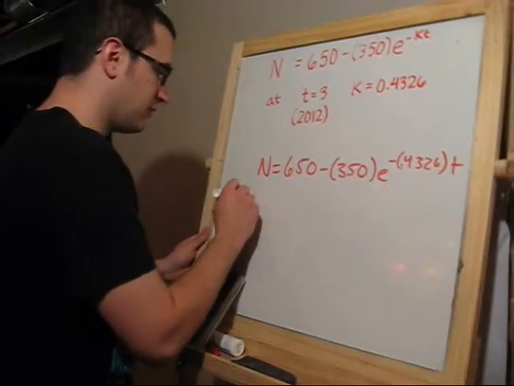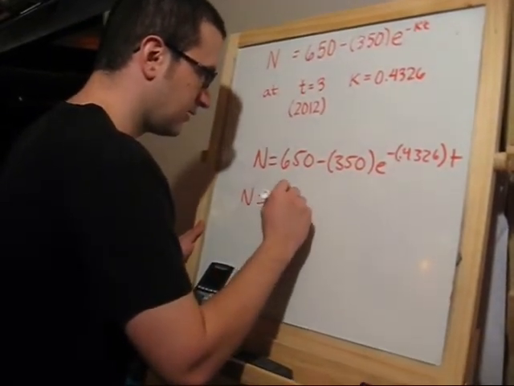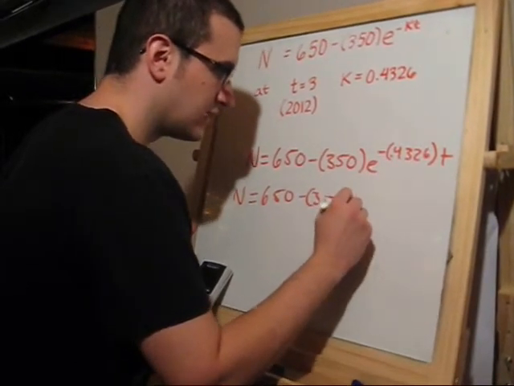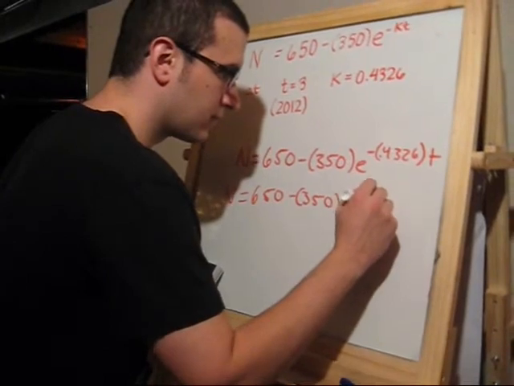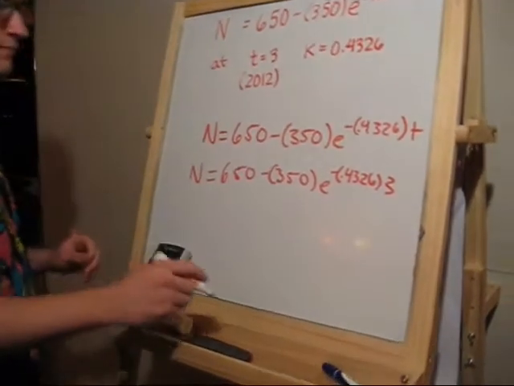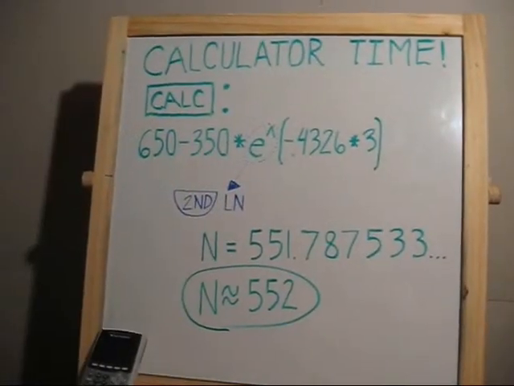The final step would be to plug in t equals 3 to find out what the population will be in 2012. It's calculator time.